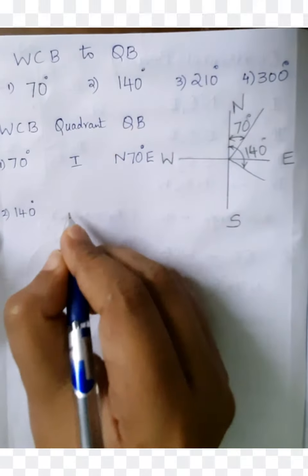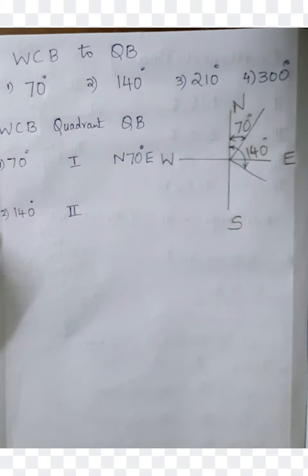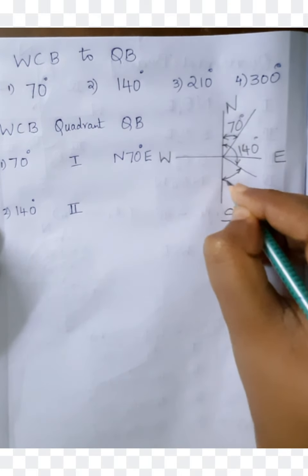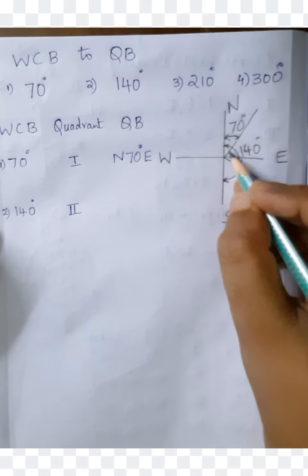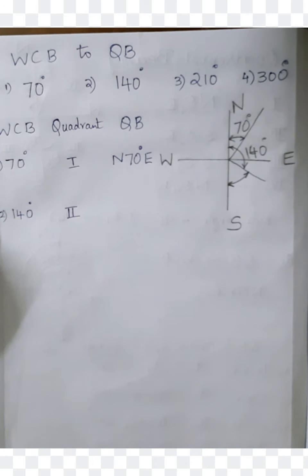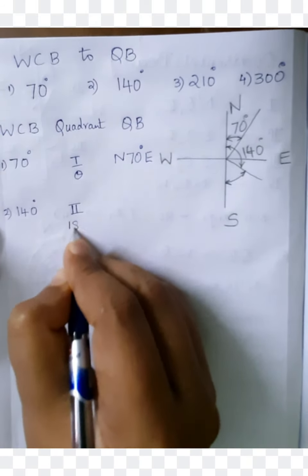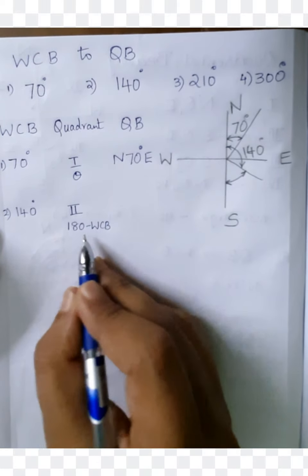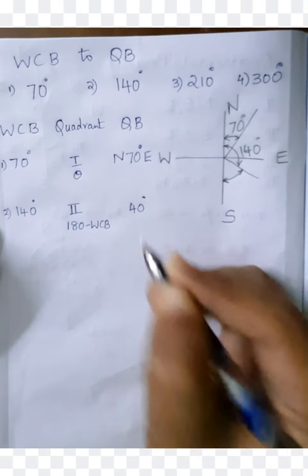Coming to theta, this is the quadrantal bearing angle. How do I get this? Total 180 minus 140, which means 180 minus the WCB angle. So this becomes 180 minus 140, and I'll get 40 degrees.